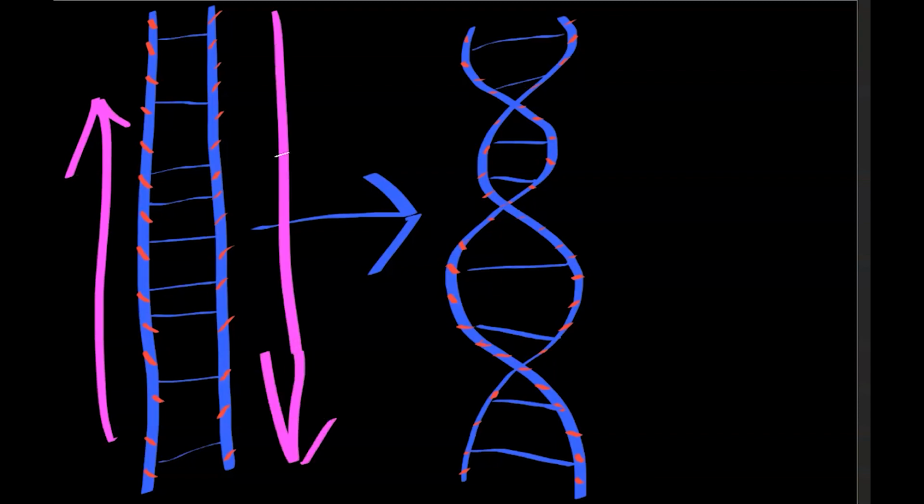You take those, draw little rungs like a ladder, and twist them in opposite directions at each end. And that right there is your double helix, and that is how you get the DNA structure. It's anti-parallel structure, I should say.